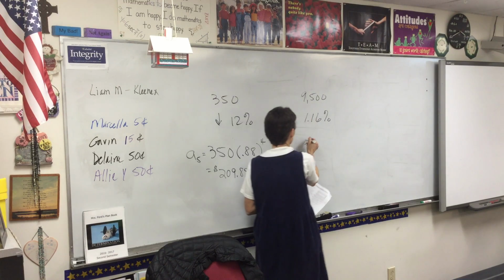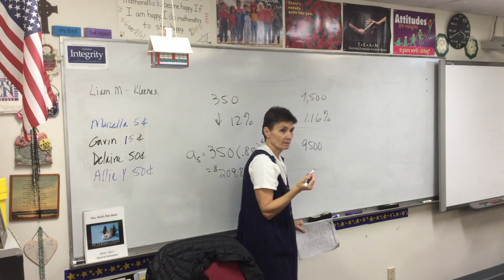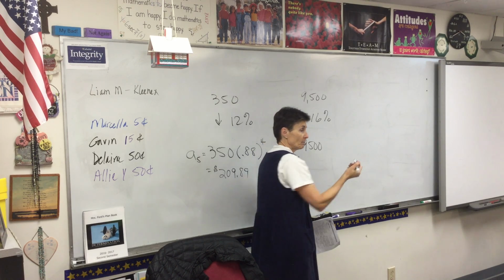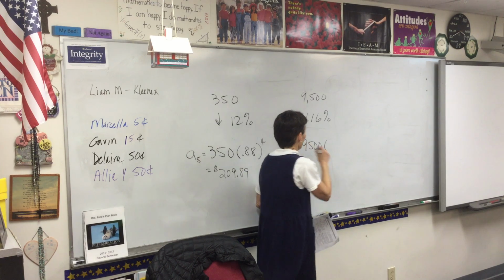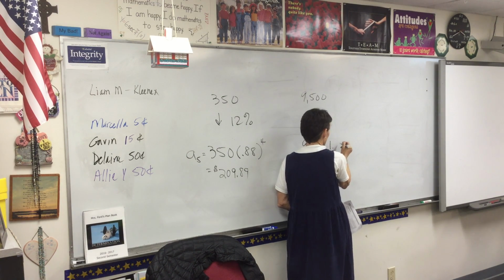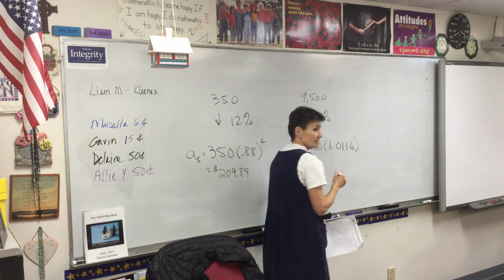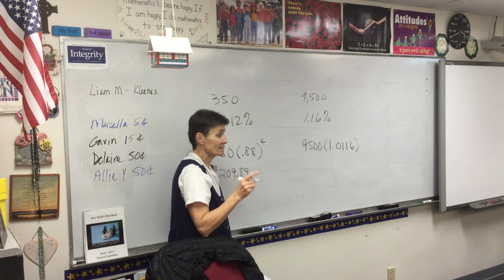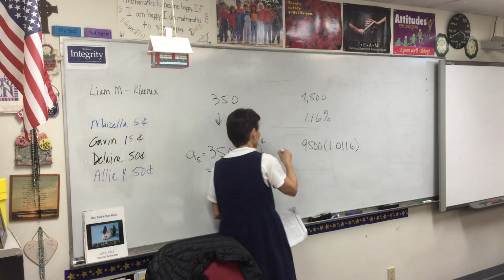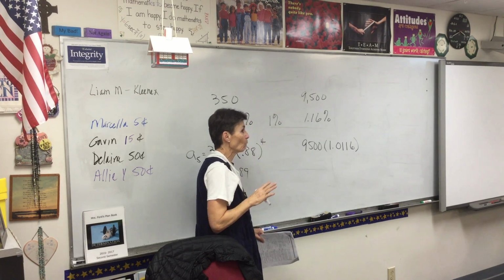Okay, well this is what it was in the first year. All we have to do is what? Multiply 9,500 by 1.0116. Isn't that how you get a 1.16% increase? If you're confused by that, what if it were a 1% increase? Just a plain 1.